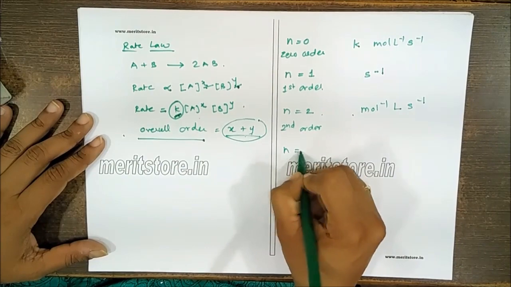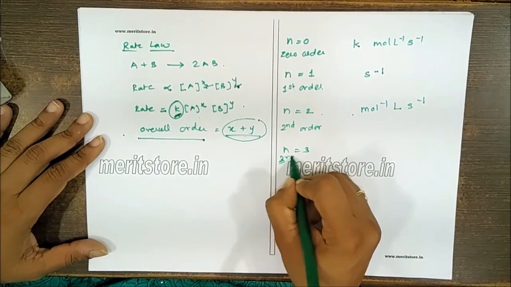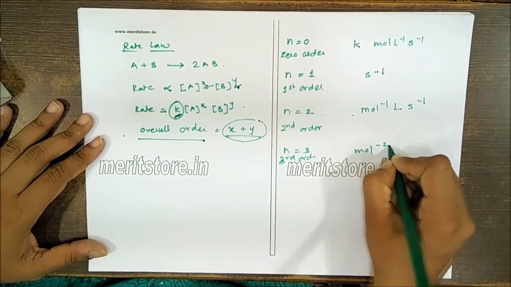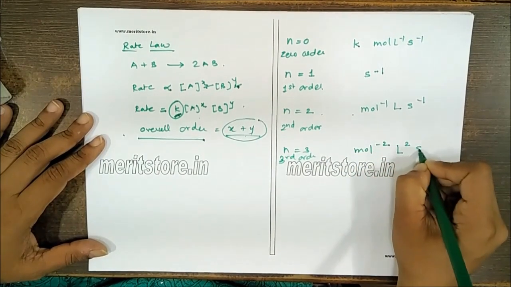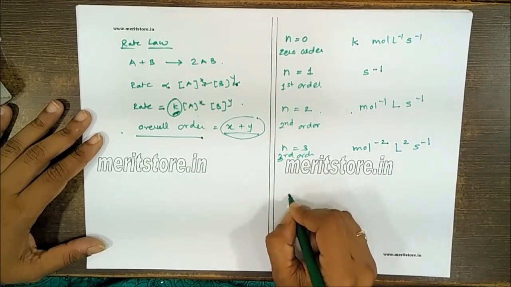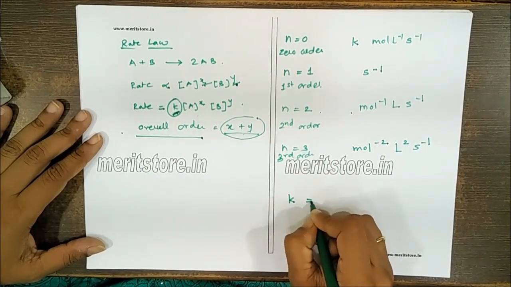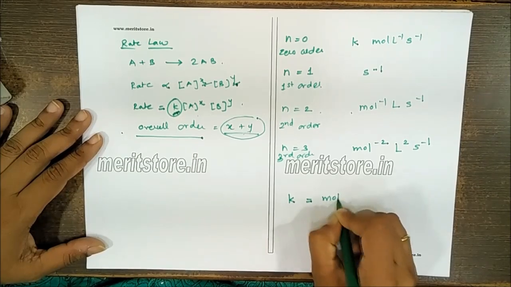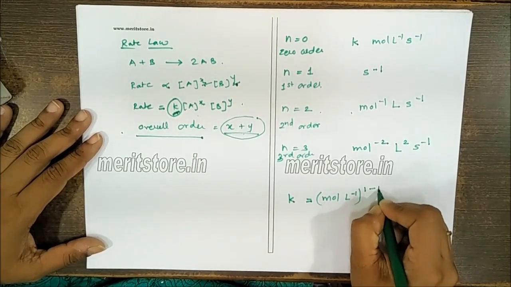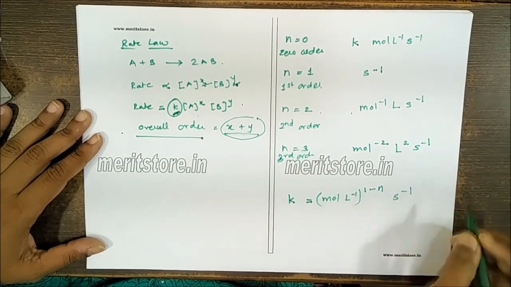If N is equal to 3, that's your third order reaction, so it is mole minus 2 liter square per second. So overall the unit of K for any order of reaction can be decided like this: mole per liter raised to 1 minus N per second.